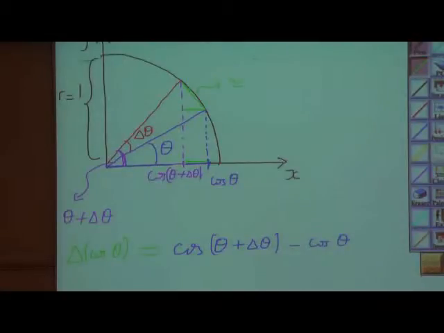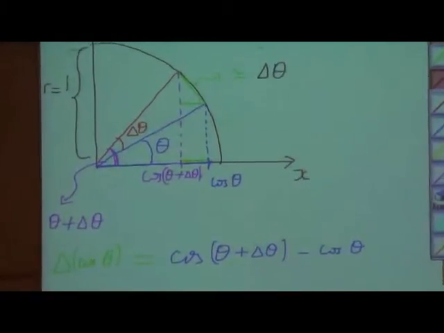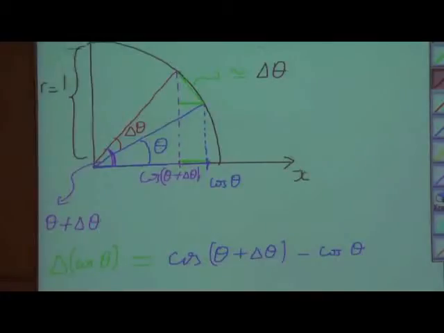I won't write many symbols just to keep the picture simple, so I'm using color code. So the green line equals the other green line. Yes? I'll complete this triangle here.